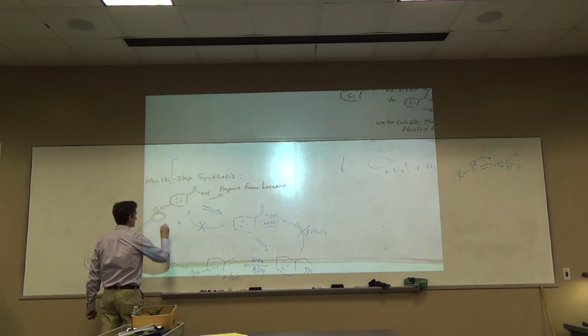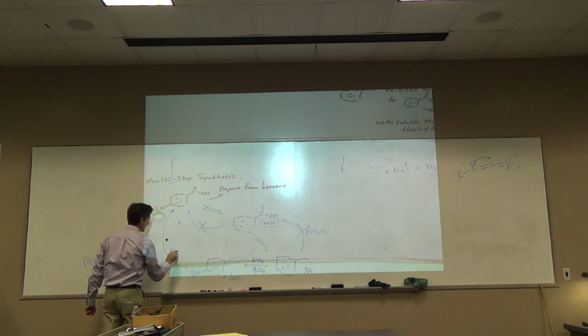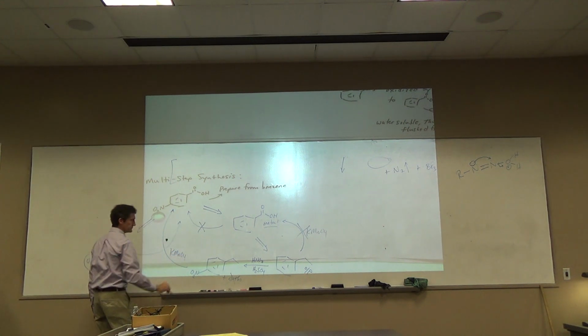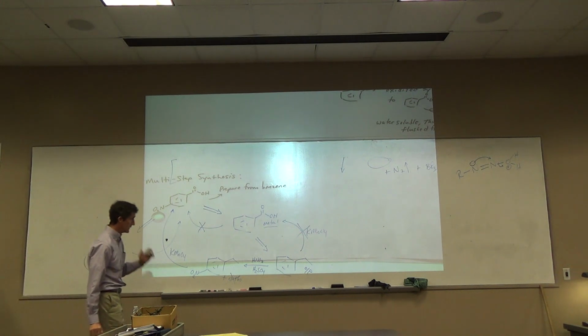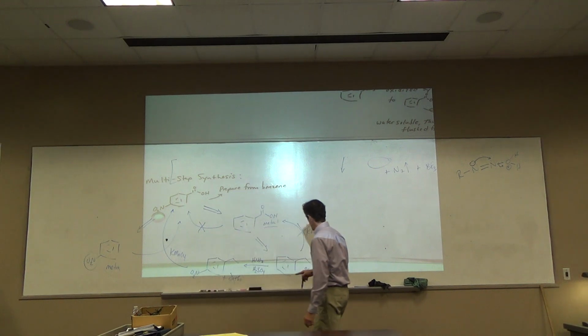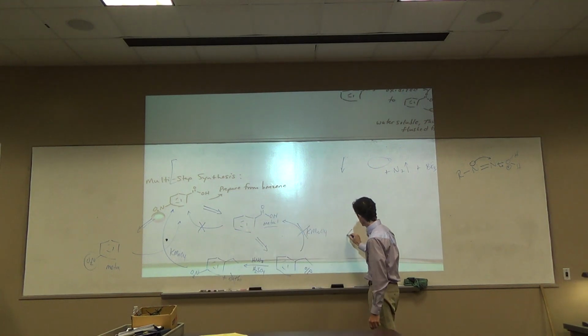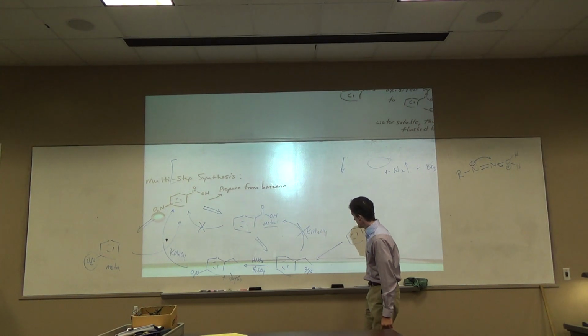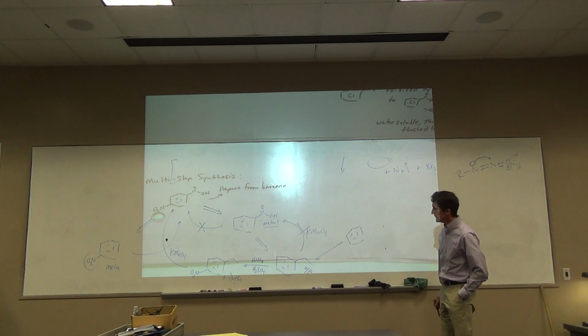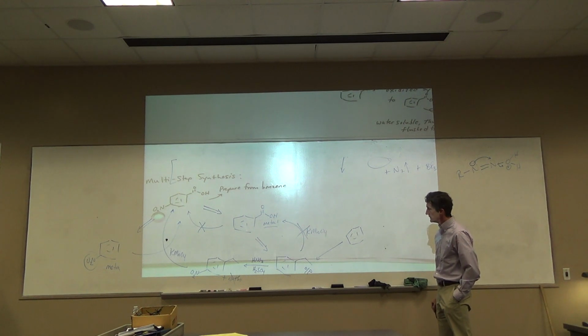We do the KMnO4. So we got to start with benzene. How would you make this from benzene? Friedel-Crafts. What would you use? An ethyl halide.